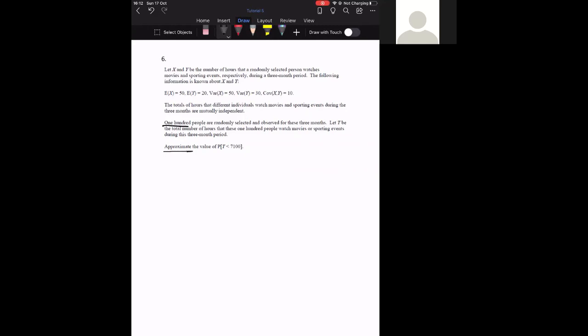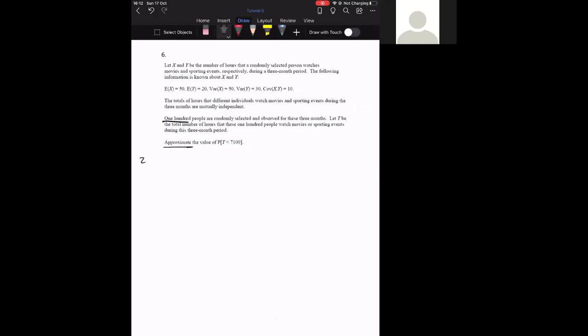So we want the sum of X and Y. Let's define Z as X plus Y. This implies that the expected value of Z equals the expected value of X plus Y, which is equal to the expected value of X plus the expected value of Y. And we get 70 for one individual.